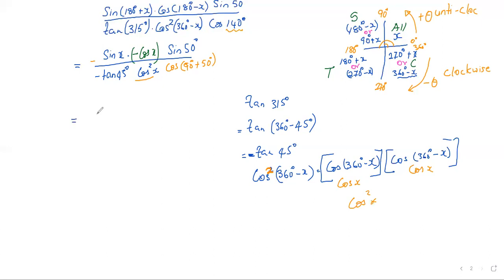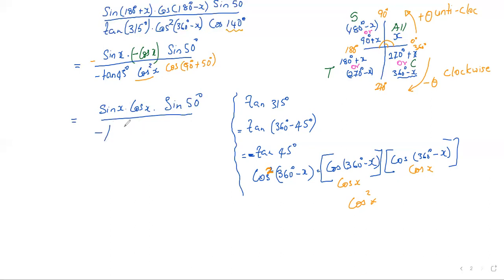This is equal to negative multiplied by negative is positive. I'll have the sine of x multiplied by the cos of x multiplied by the sine of 50 all over tangent of 45 is 1.